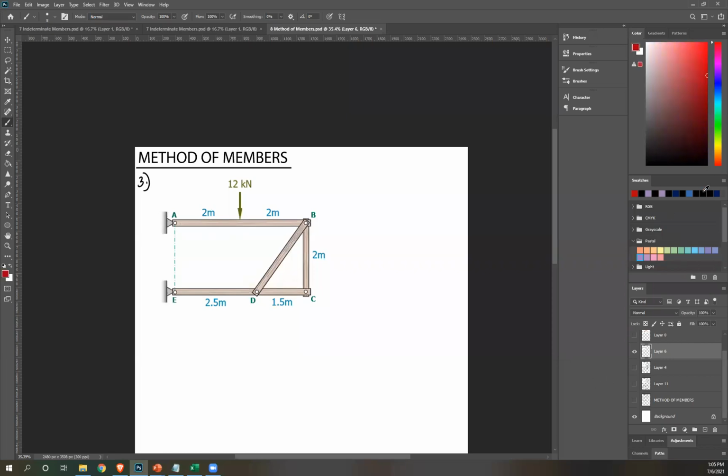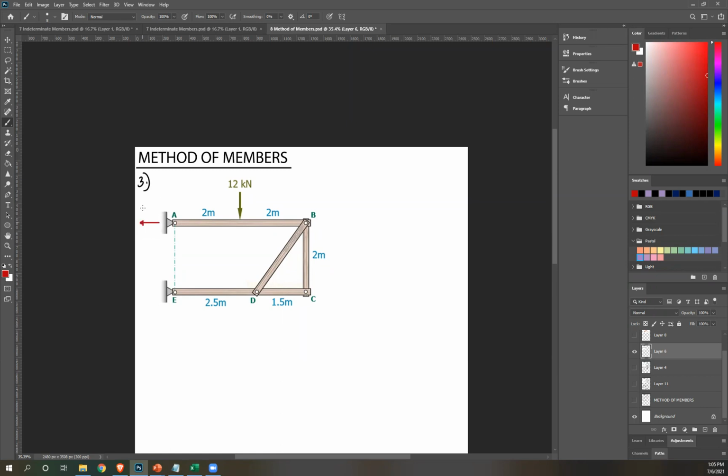This is what we need. So fixed supports also mean you have parallel and perpendicular reactions. So draw that. I'm going to assume directions. Let's assume this is to the left.